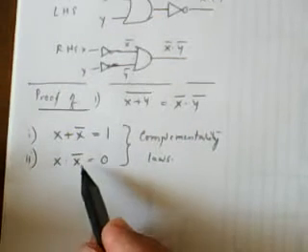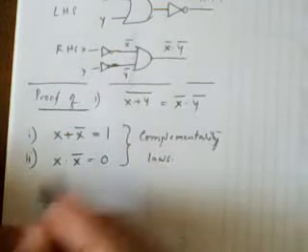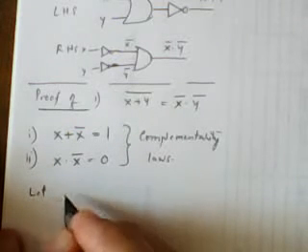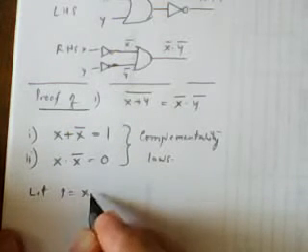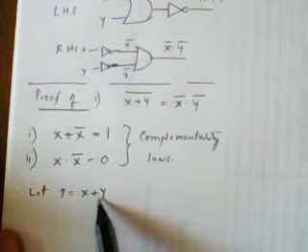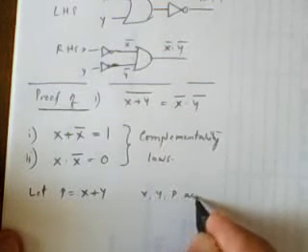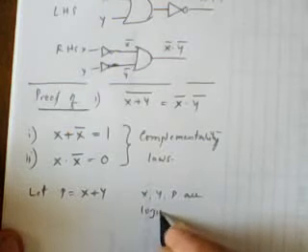Now, using this complement law, we will prove the theorem. Let us consider P is equal to x plus y, where all these x, y, and P are logical variables.